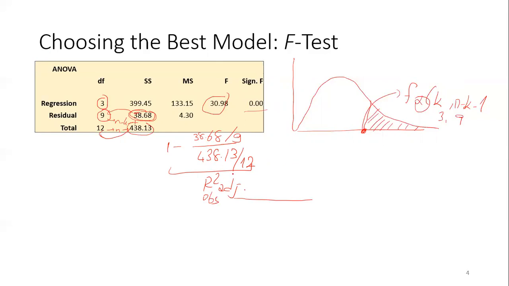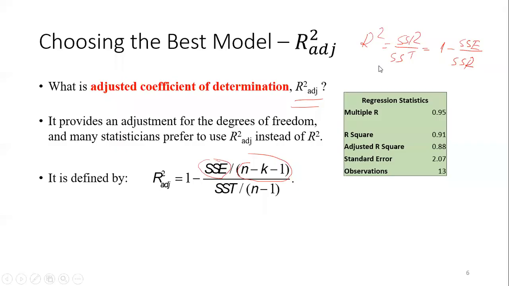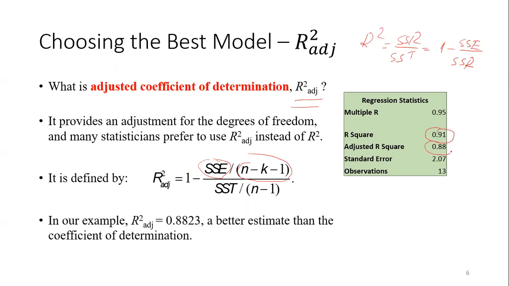R square is 1 minus 38.68 over 438.13, and this is my R square, okay? That's the difference between the R square adjusted and R square. So in our example, R square is 0.91, and R square adjusted is 0.88, okay, 0.8813.